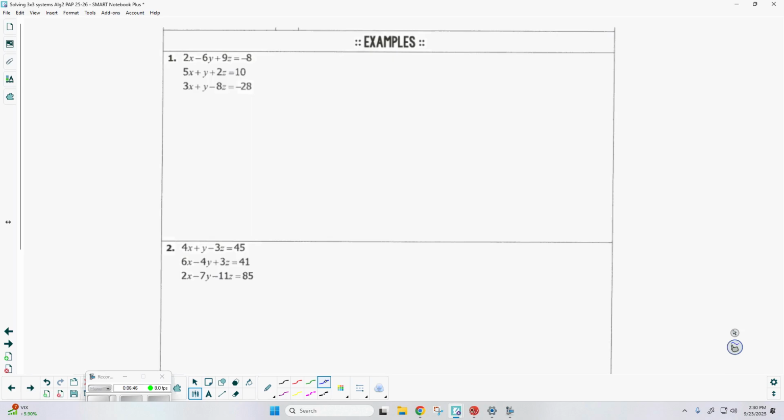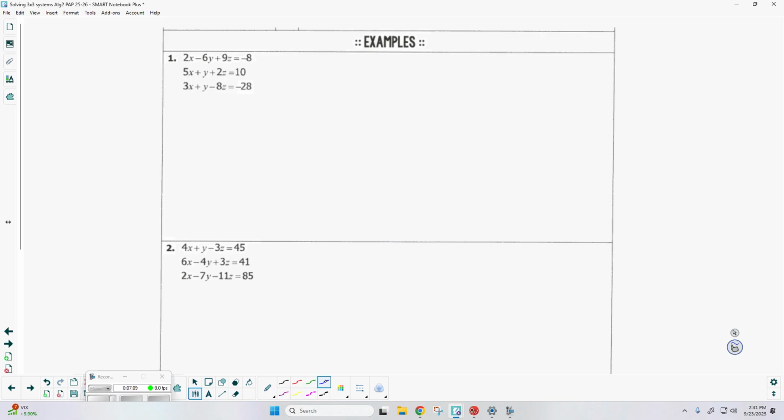So number one, I've got 2x minus 6y plus 9z is equal to negative 8, 5x plus y plus 2z equals 10, and 3x plus y minus 8z is equal to negative 28. Here's the idea. First thing I've got to do is choose two different pairs of equations, and I want to eliminate the same variable. Here's what's nice about this.